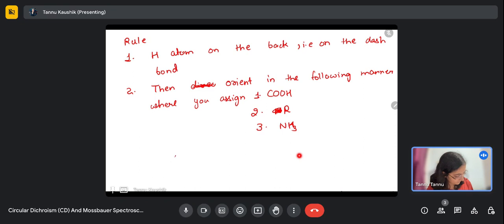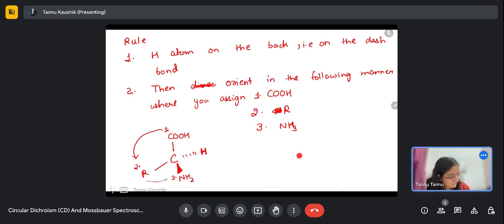So if you have COOH, R, NH2, and I have already put the hydrogen atom on the back, now tell me which enantiomer this is. We move from first to second, second to third.